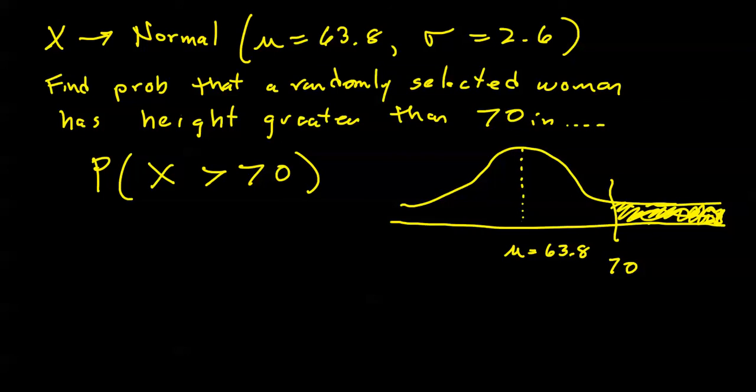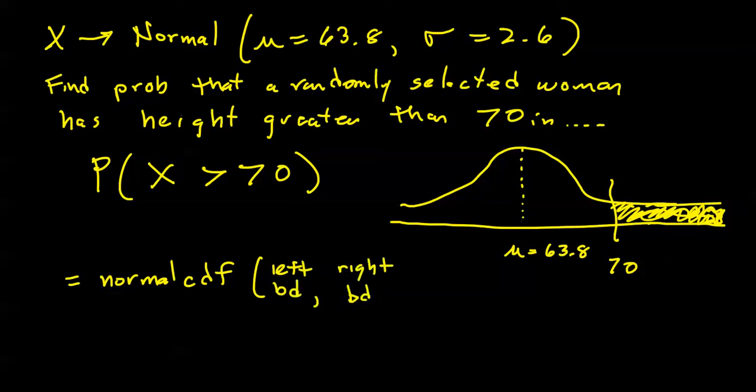I'll still grind this out using my normal CDF command. But remember the syntax. You have to put in a left bound and a right bound. In theory, this curve goes off to forever, so technically my right bound is infinity, and we've got a little workaround for that, and the mean and the standard deviation we'll fill in in a minute.